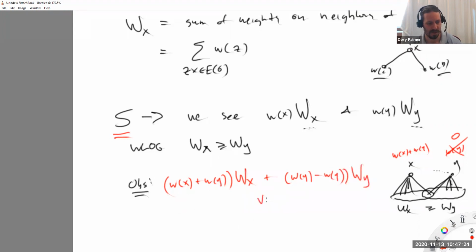But this is greater than or equal to the original. This is what we had originally, Wx times big Wx plus Wy times big Wy. Right? We see literally this term in our sum when we put everything together, these two things.